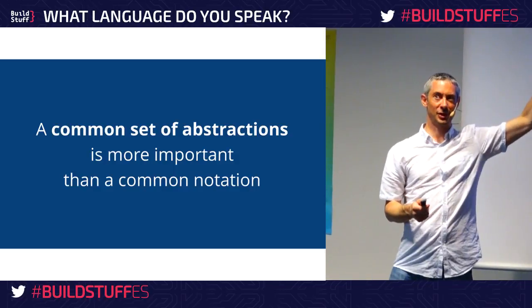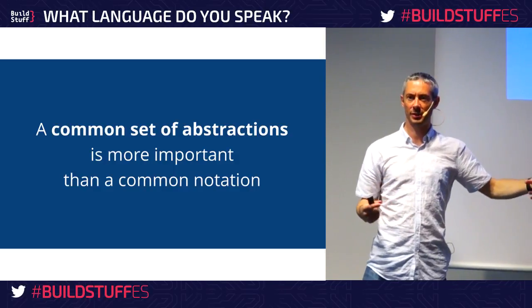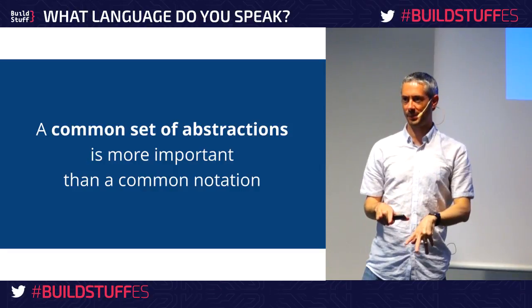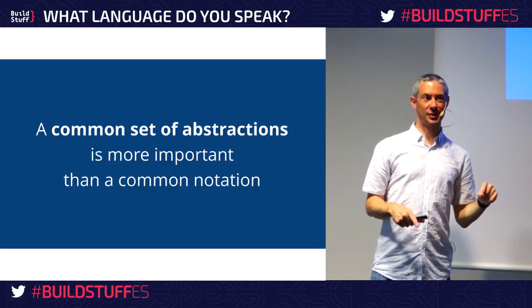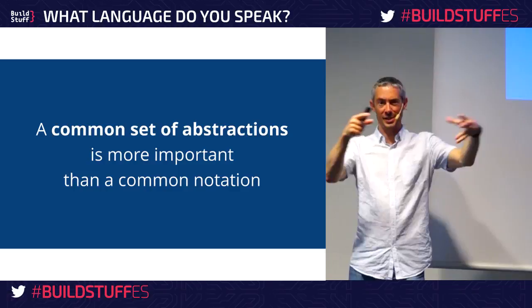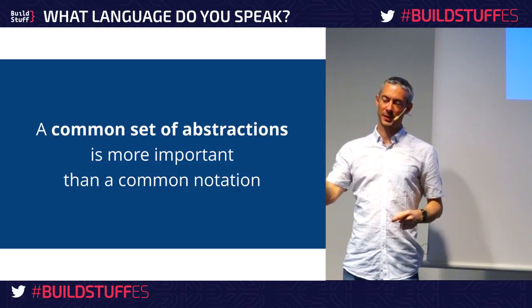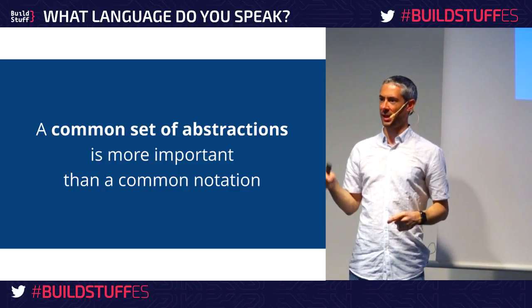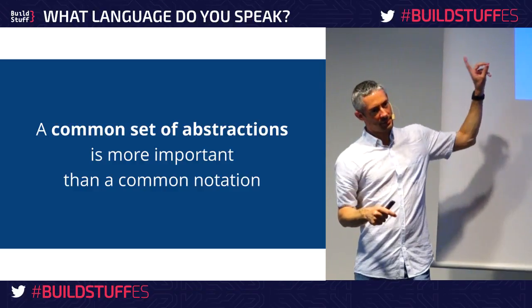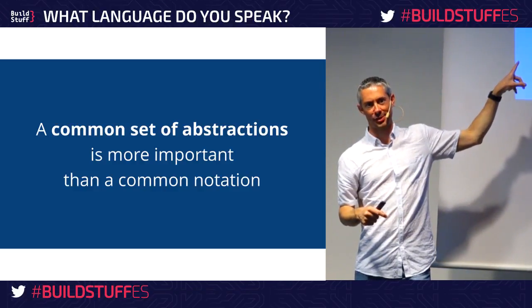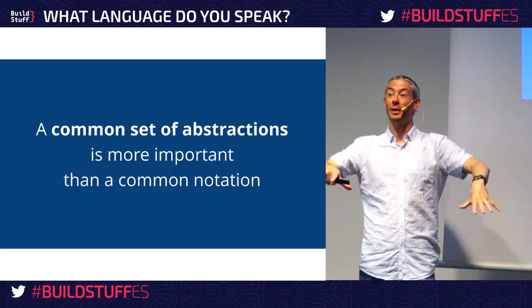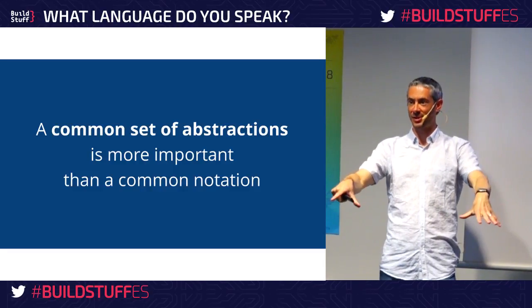I think the abstractions are much more important than a common notation today. If you look at electrical engineering, when I draw a zigzag, we all know that's a resistor. I think that might be a useful thing to get to in software, but we're not there yet. If this sounds foolish, next time you go back home, go and get two maps of your local area and lay them out side by side.